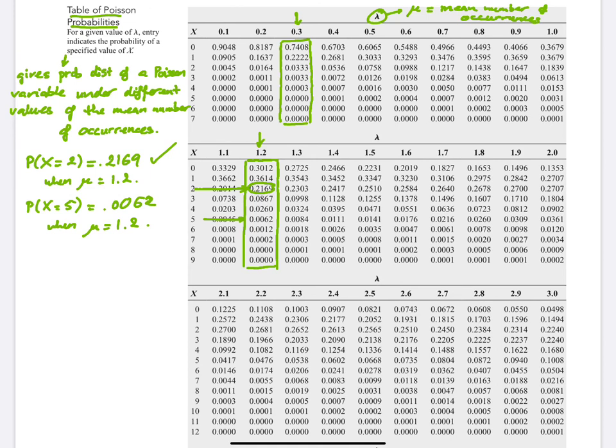Now notice one thing. Remember that we said in the previous video that there's an unlimited number of possible values for a Poisson variable. So let's pose a question.